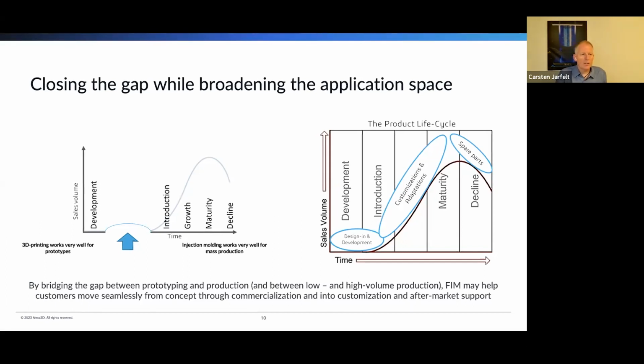And at the left side here, you see you've always been prototyping using, or mostly have been using certain technologies for prototyping. And then once they saw what worked and did not work, let's get serious and move on to injection molding, because we need scale, we need surface quality, we need volume, we need quality, so to say, at scale. With freeform injection molding or FIM, you kind of just bridge that gap.